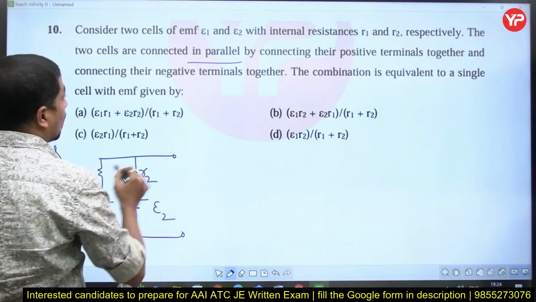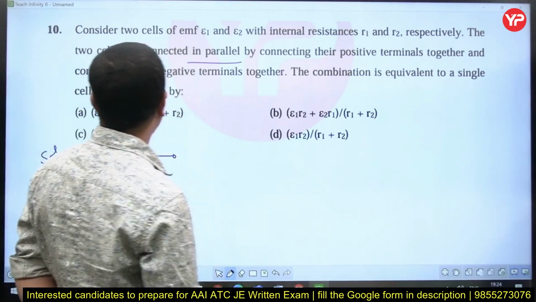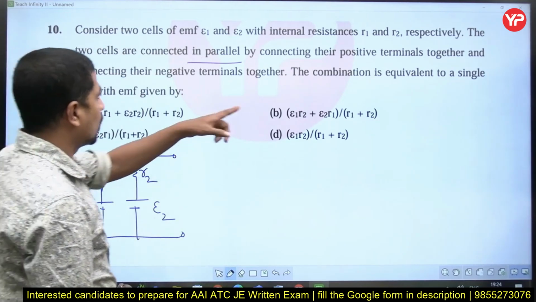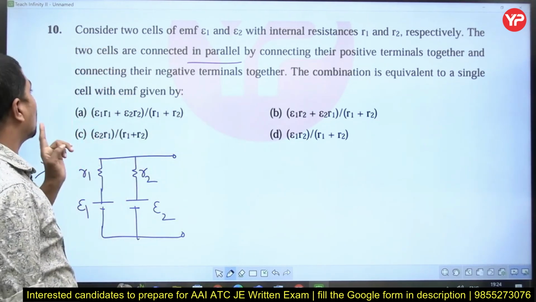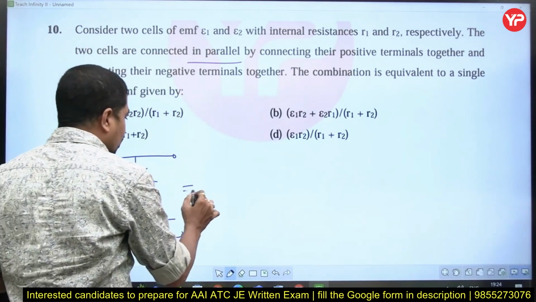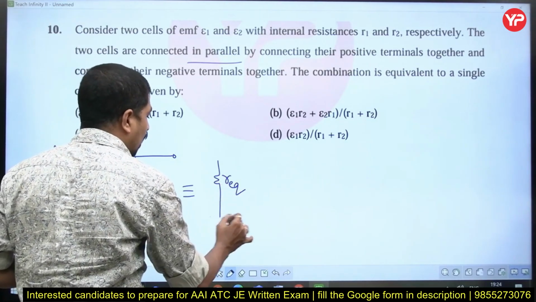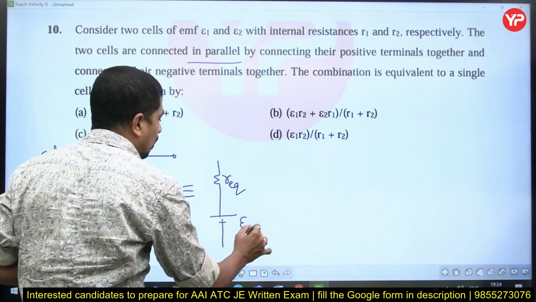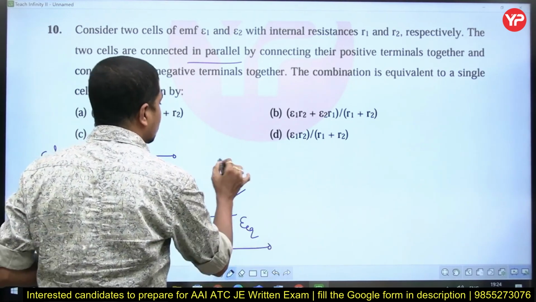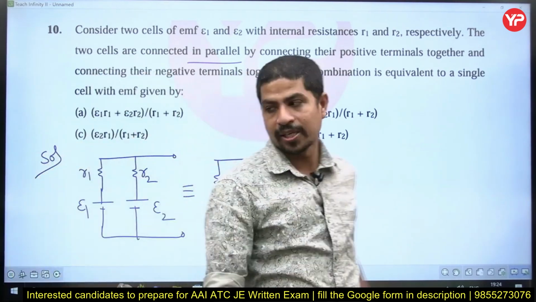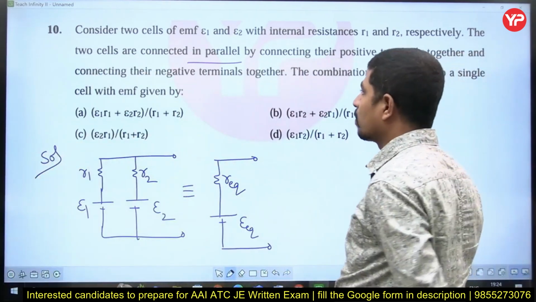They are connected in parallel, connecting the negative terminals together. The combination is equivalent to a single cell. He is asking for this R equivalent and epsilon equivalent.